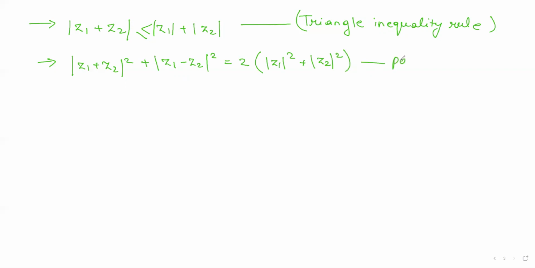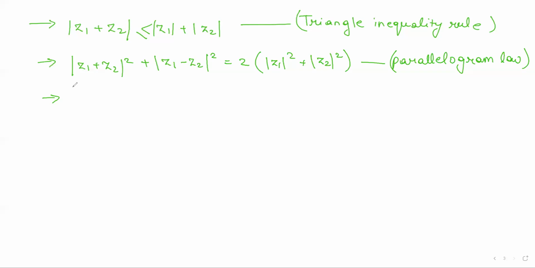This is the parallelogram law. If you want further explanations of any of these formulas, let me know in the comments, and I'll make a video on it. This parallelogram law is derived from a general rule. You need not remember it.